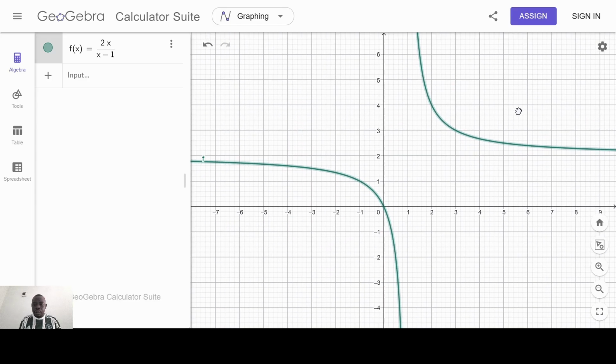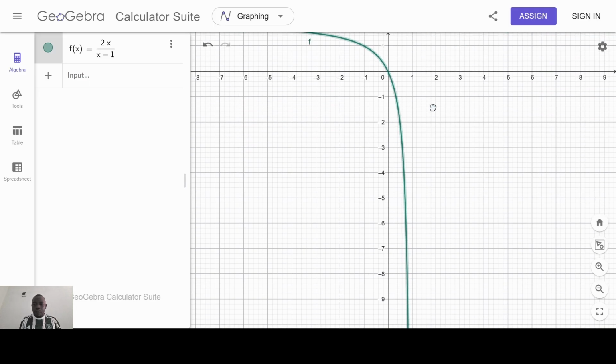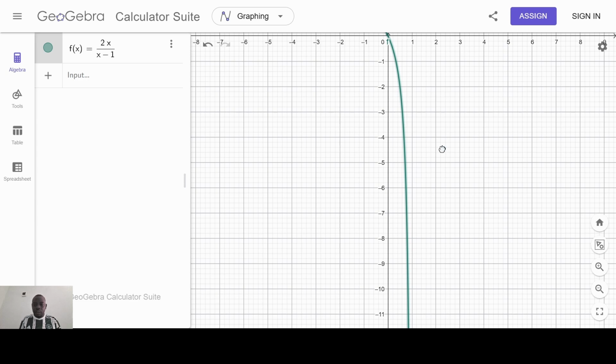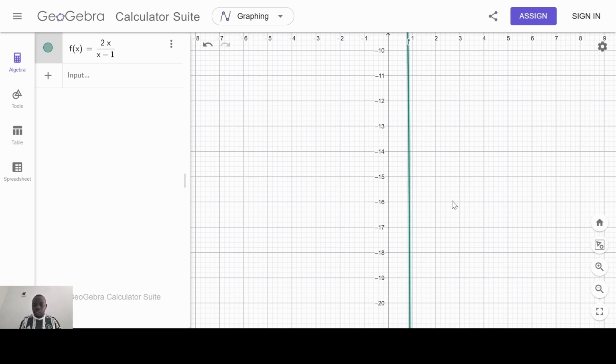And then we have the vertical asymptote, which we got to be x equal to 1. You see, this is the line x equal to 1. So this curve is not touching the line.